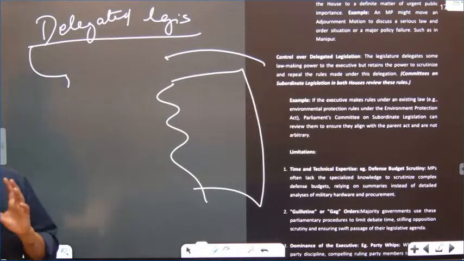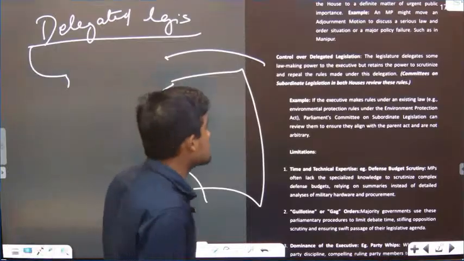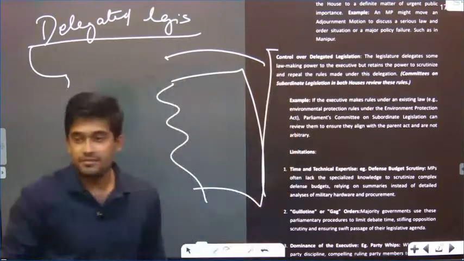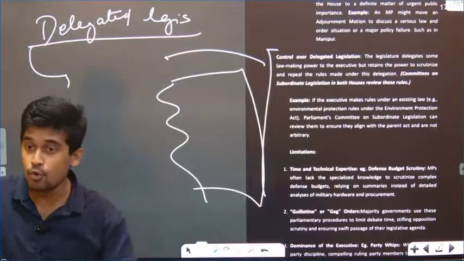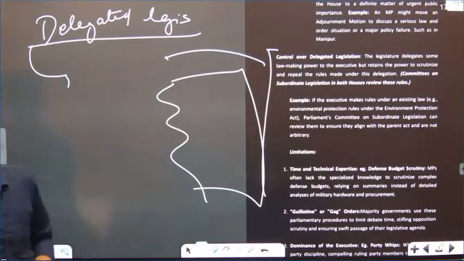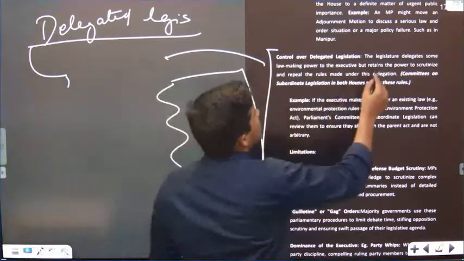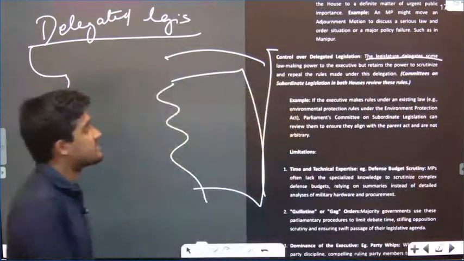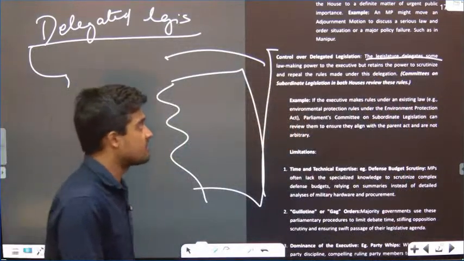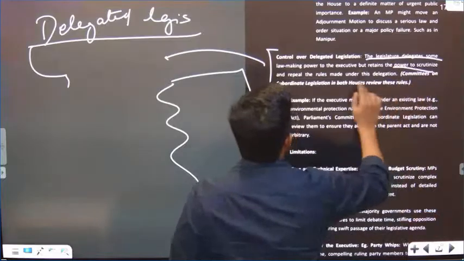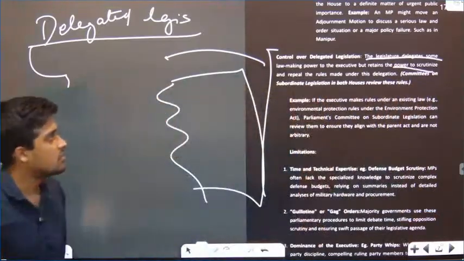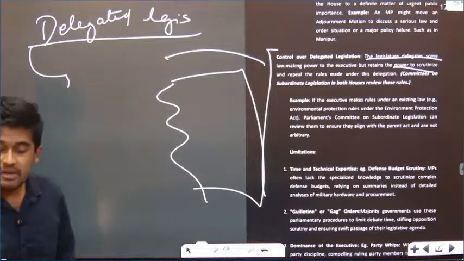That is delegated legislation. So, Parliament, if they have delegated something, they have to have control over it because it is the power of the Parliament. The legislature delegates some lawmaking power to the executive but retains the power to scrutinize and repeal the rules. For example, Committee of Subordinate Legislation.